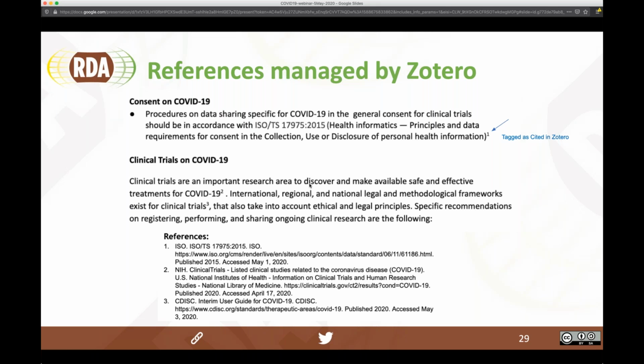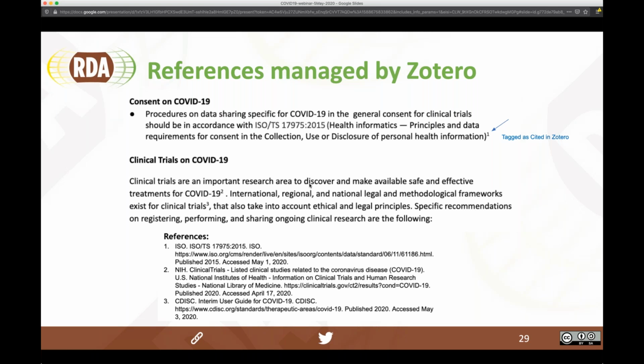The superscript that I put an arrow on shows that we can cite the particular reference directly into the Google Doc, and then that reference is also listed in the references down below the slide.